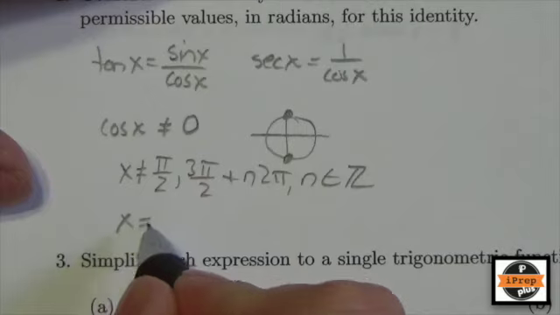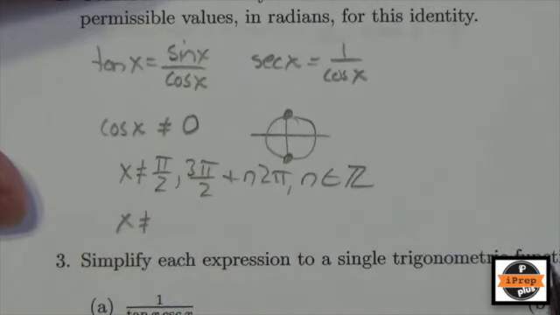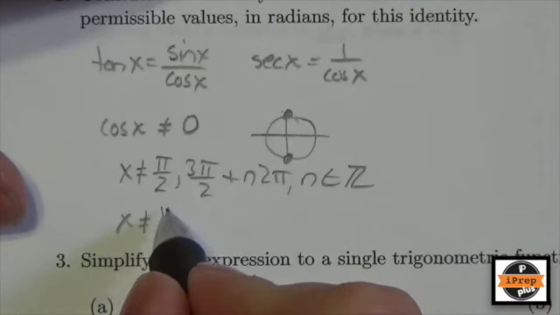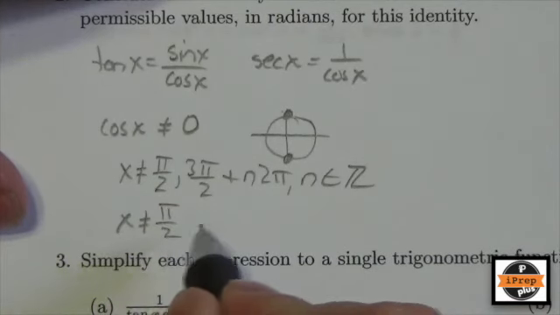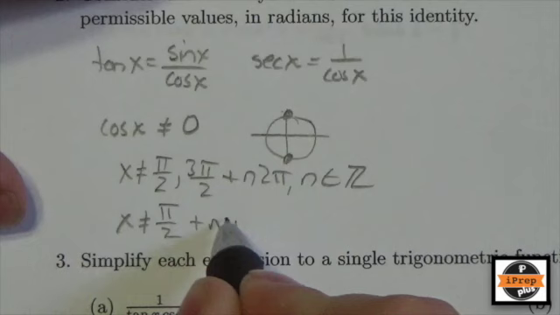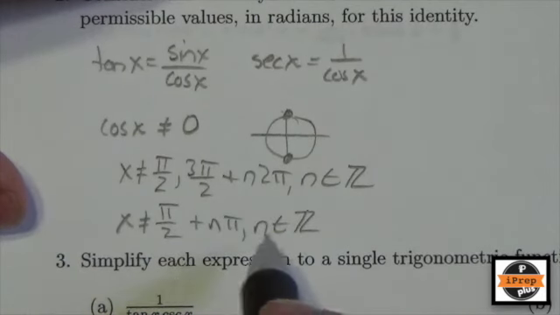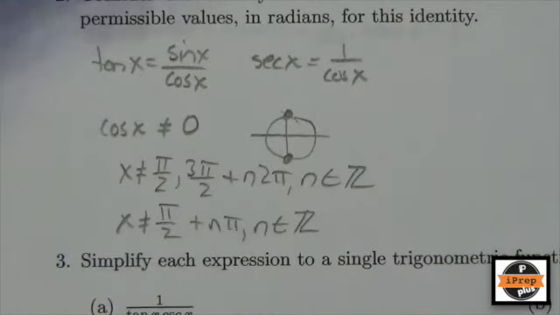And just like a previous question, I can streamline this a little bit because those differ by pi, so I might just say x can't equal pi over 2 plus n pi, where n is an element of the integers. And that should be sufficient.